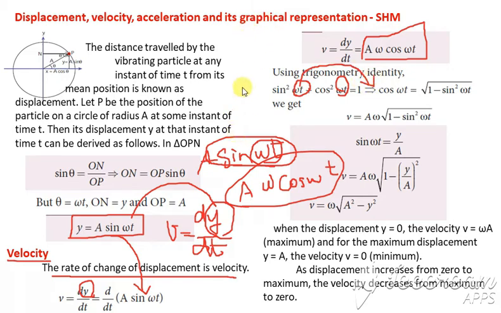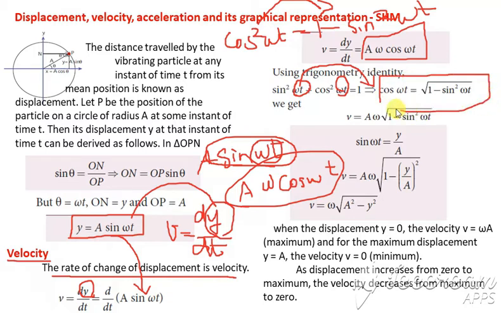So cos square omega t is equal to 1 minus sine square omega t, because we are bringing this term to this side. Now this is cos square, so bring the square to this side, and it becomes a root. So cos omega t is equal to root of 1 minus sine square omega t. We substitute this value of cos omega t here, so we get v is equal to a omega into root of 1 minus sine square omega t.